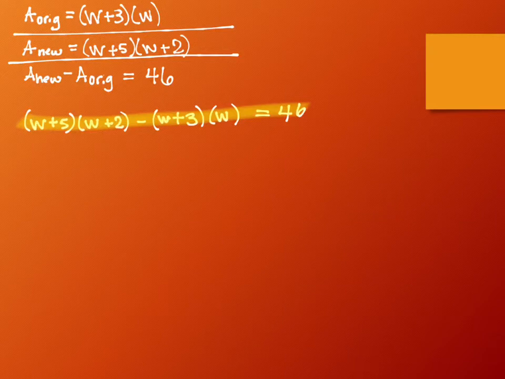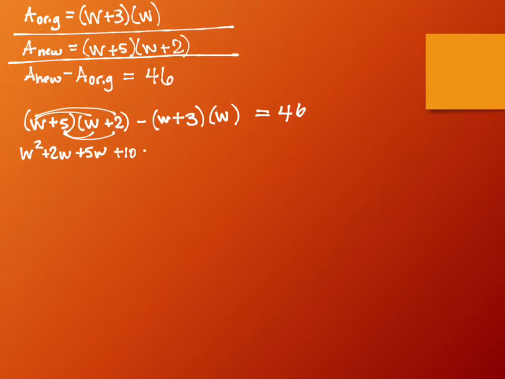All of the formulas that we're going to work with are going to be linear as we work them out. Right now we're going to get a quadratic in the middle of this, but it will eventually work its way out. So we're going to multiply this out. So I have W squared plus 2W plus 5W plus 10, and then minus W squared and again another minus 3W, equals my 46.